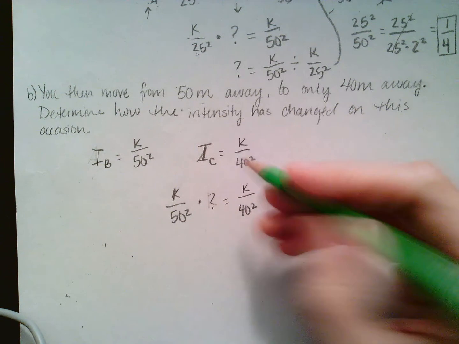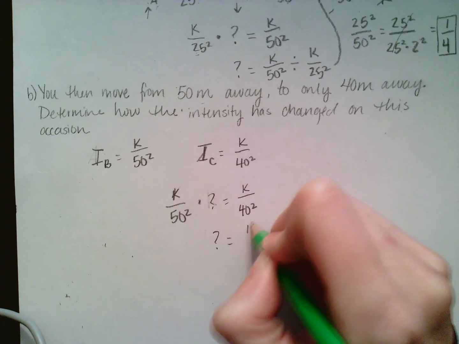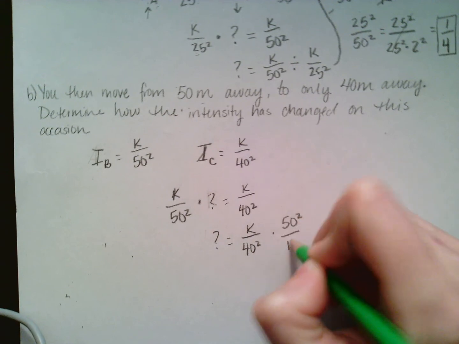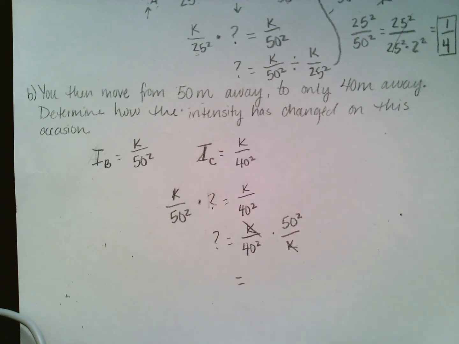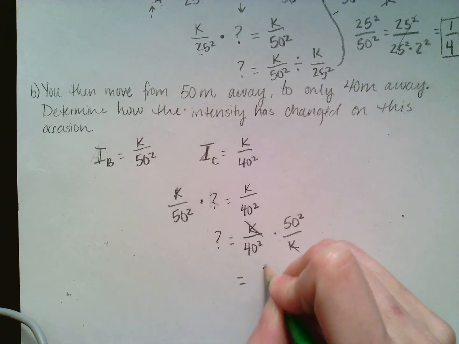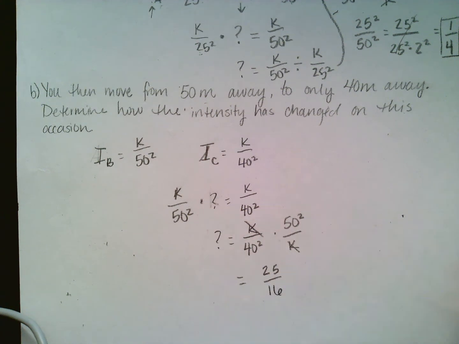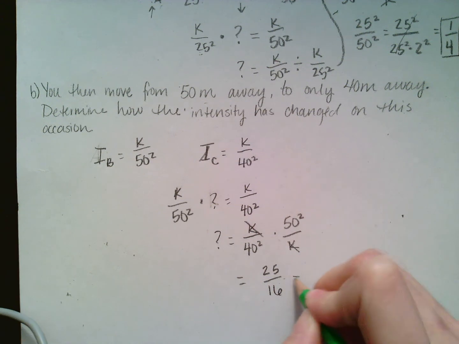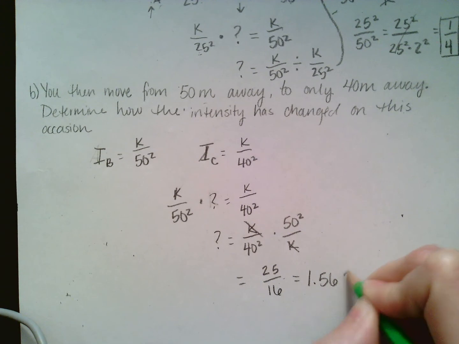So to figure out what this is, my question mark ends up being K over 40 squared times 50 squared over K. These cancel out, and I'm going to plug this into my calculator. I get 25 over 16. So the intensity has increased, because that's 1.5625.